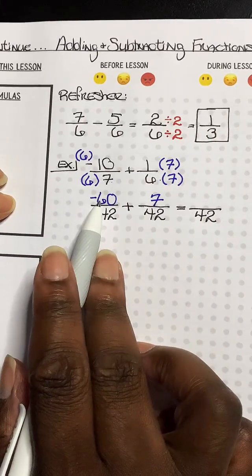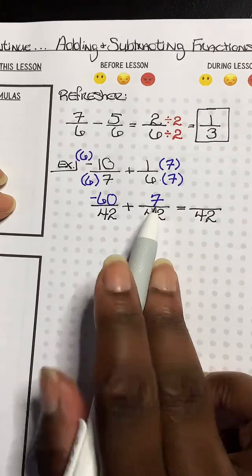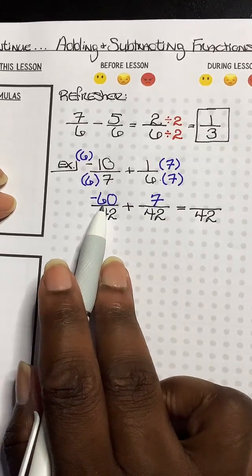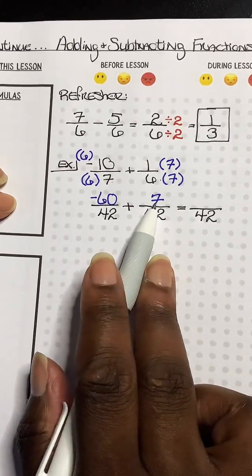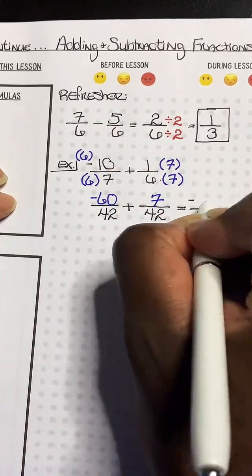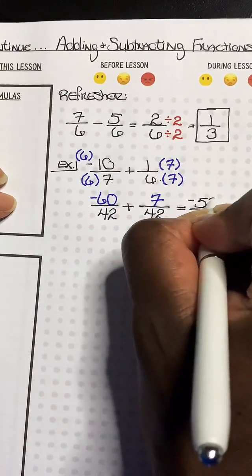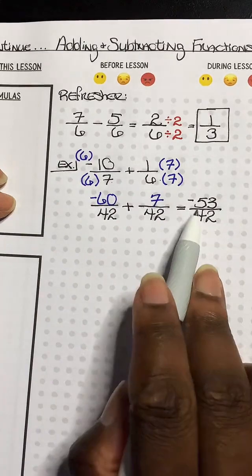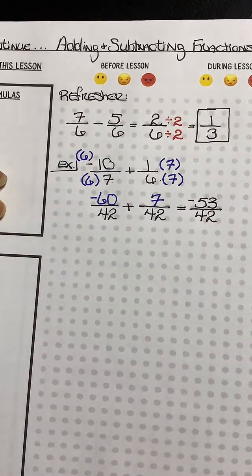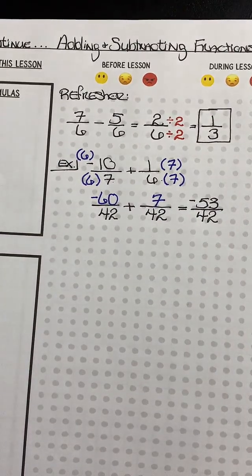Now we have negative 60 plus 7. So you owe me $60. You gave me 7. So that means you owe me $53. Owing means negative. So my negative 53.